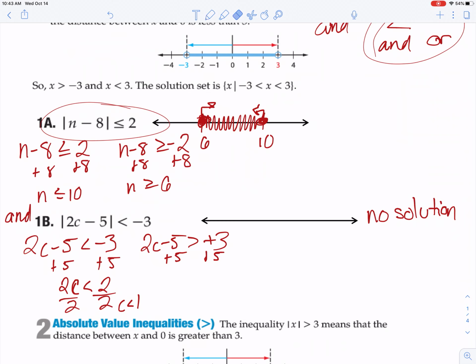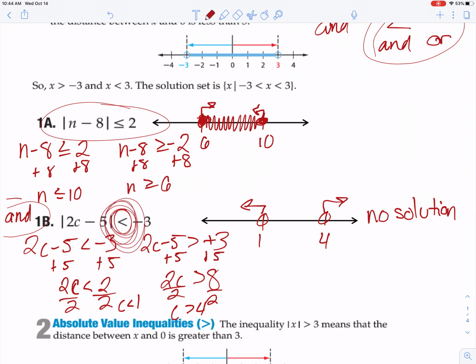Okay, so then it should be 8. Okay, I know I did that quickly. But you would have gotten to here where it says C is less than 1 and C is greater than 4. And because it's an and inequality, because of this symbol right here, that's how I know that it would have been no solution, because nothing graphs over here.